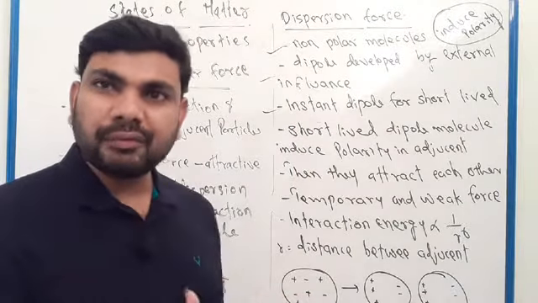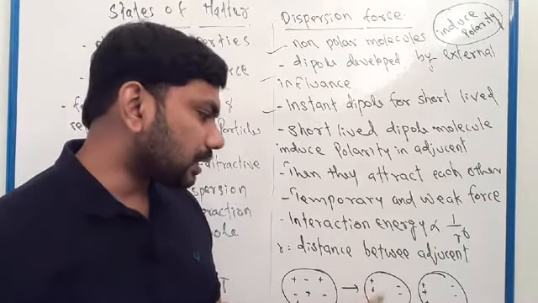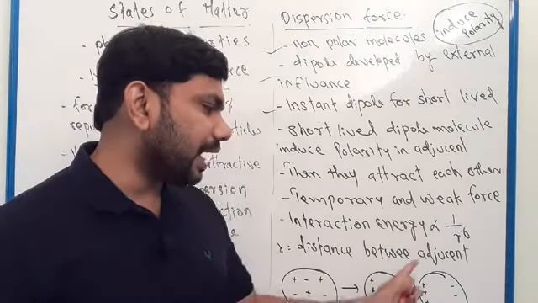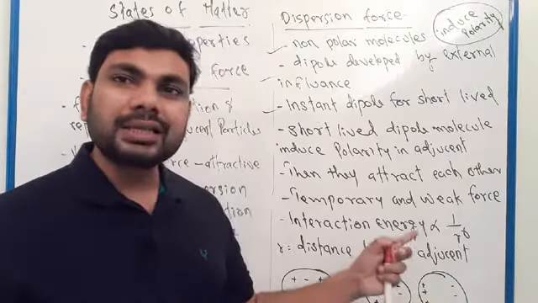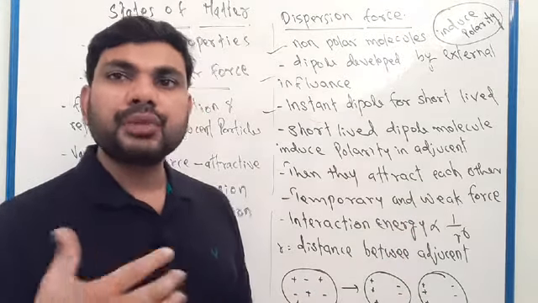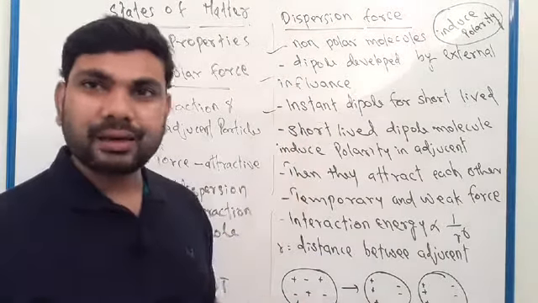That's why it is a very weak force of attraction. This short lived polar molecule will induce polarity in the adjacent molecule, and the two molecules will attract each other. This attractive force is called dispersion force or London force.